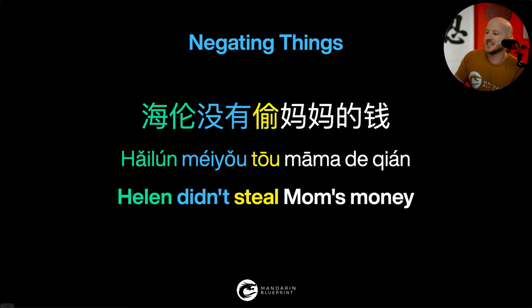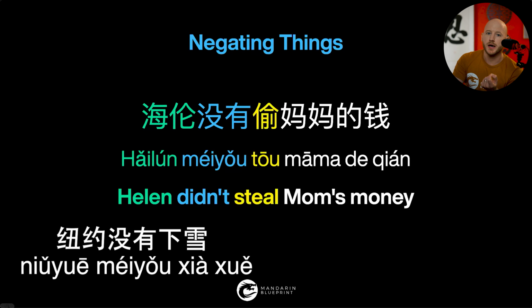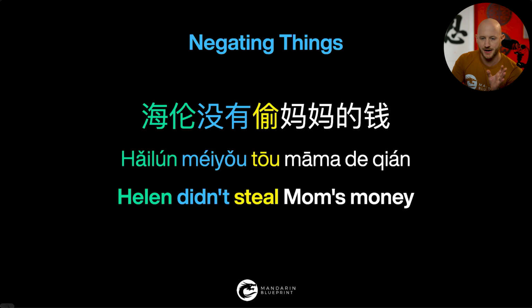But you can see here that this is an instance where there's an action, 偷, to steal. And whatever the object is afterwards is kind of irrelevant, because 没有 comes before 偷 like this, and the thing we're dealing with is not a place. If it's a place, as in the instance we had, 纽约没有下雪, New York is not snowing right now.